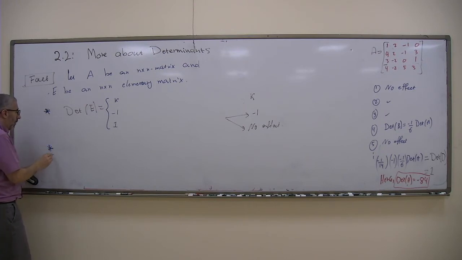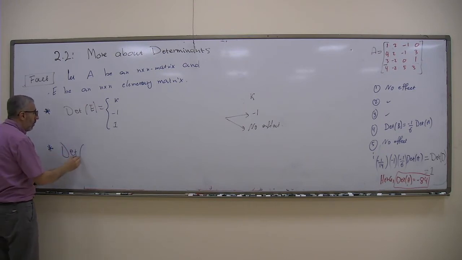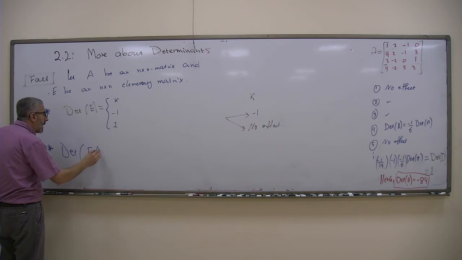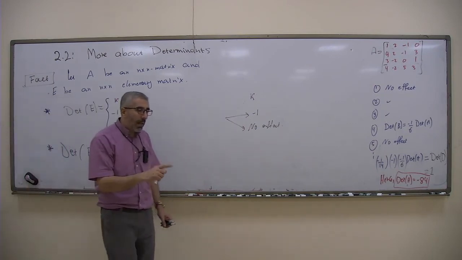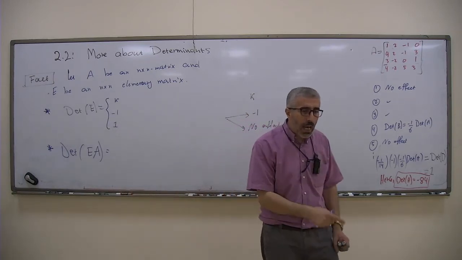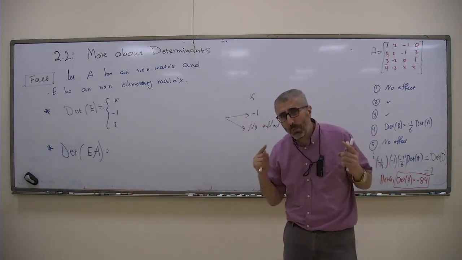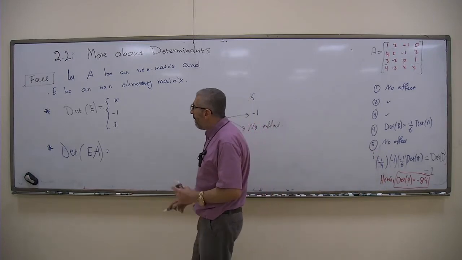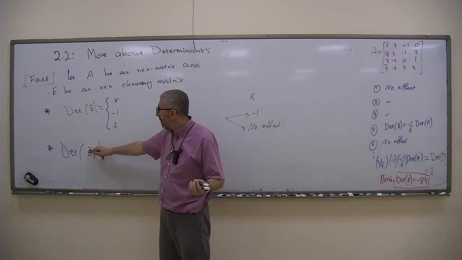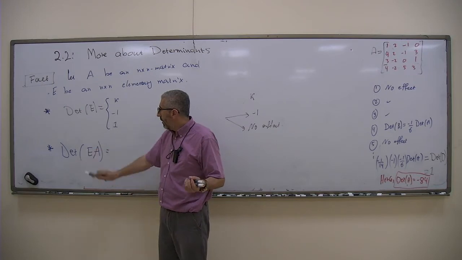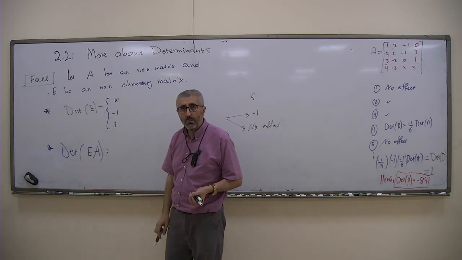Here, fact number 2, determinant of EA. What is that? Determinant EA. Remember what we said about multiplying by an elementary matrix. We said this is the same as doing an elementary row operation on your matrix, correct? So if you have a matrix and you do an elementary row operation on it, that will be the same as multiplying by an elementary matrix, correct?